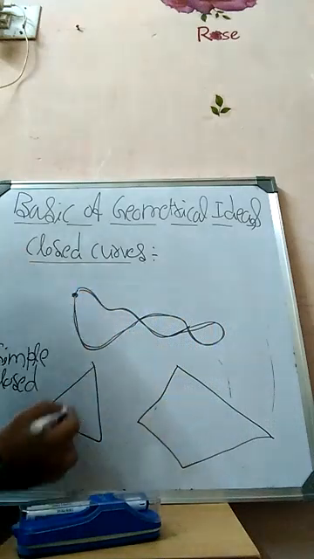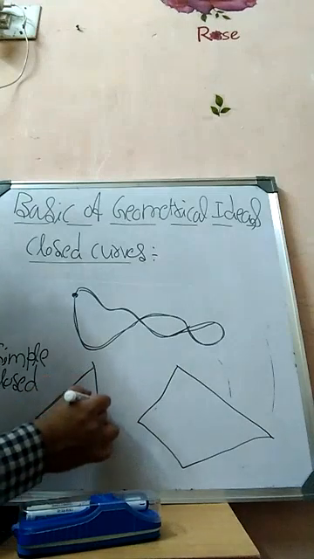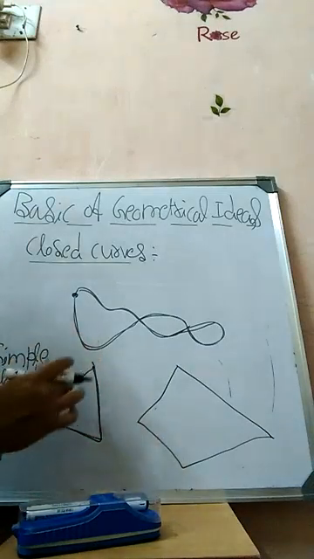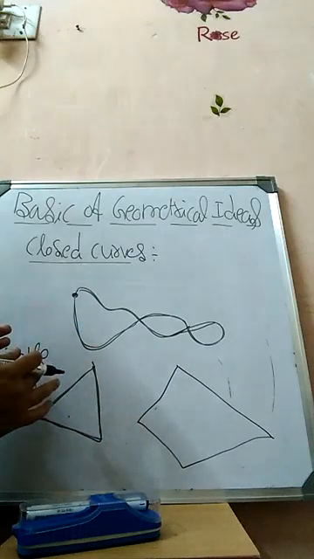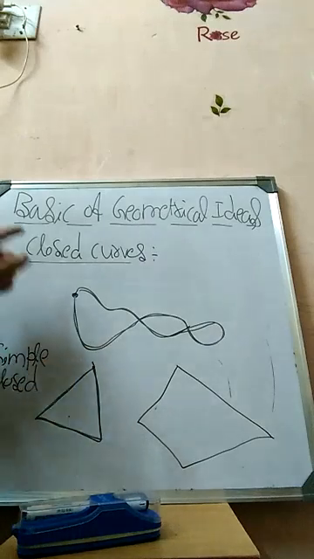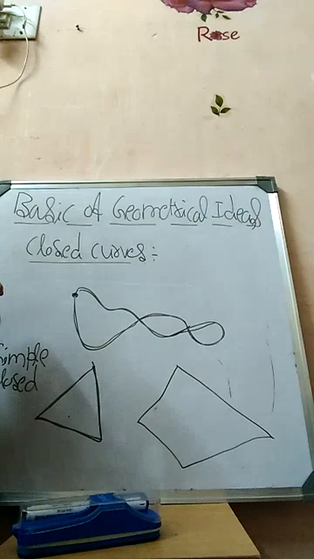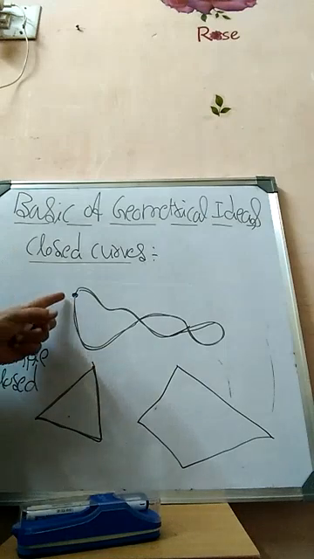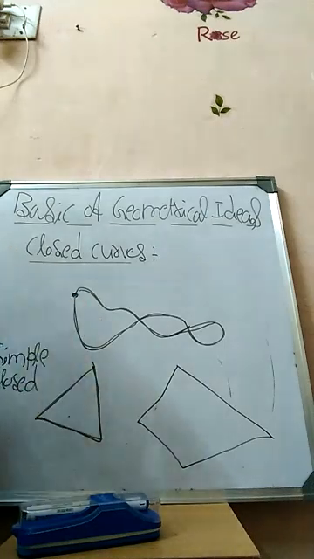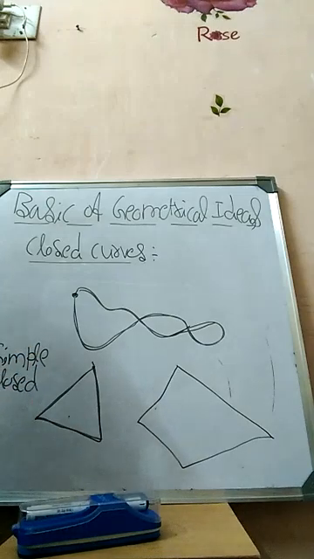But in this figure, observe, I started from here and came back here again, but it does not cross. So that's why it is called a simple closed figure. Closed figure means the curves which have the same beginning or starting point and end point. And a simple closed curve means the curves which do not cross themselves are called simple closed figures.